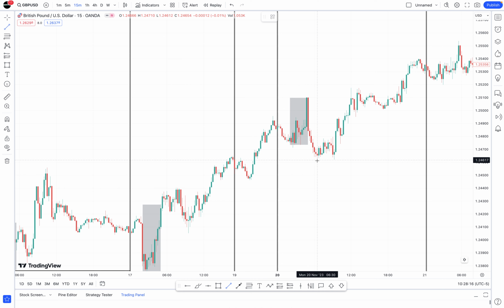This morning from 2 till 5 a.m. New York time, or if you should incorporate another time of day to try and catch the low or high of the day.